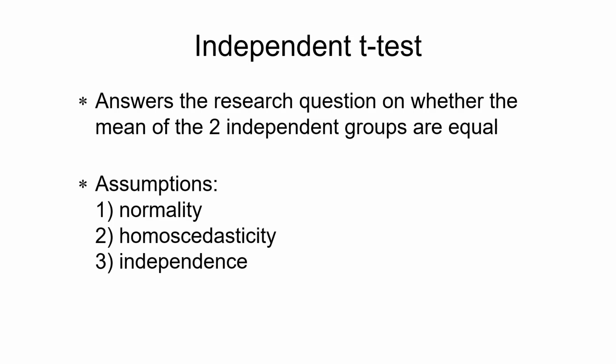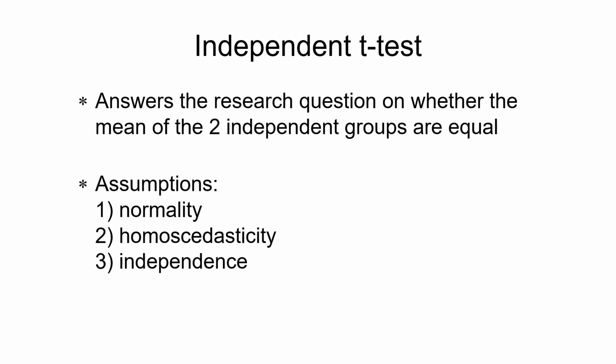The independent t-test answers the research question on whether the mean of two independent groups are equal, but the following assumptions have to be satisfied before an independent t-test can be carried out, the most important of which is normality of the data. The issue is of less concern if the sample size is at least 30 in each group, since the distribution is more or less normal at sample sizes equal to 30.